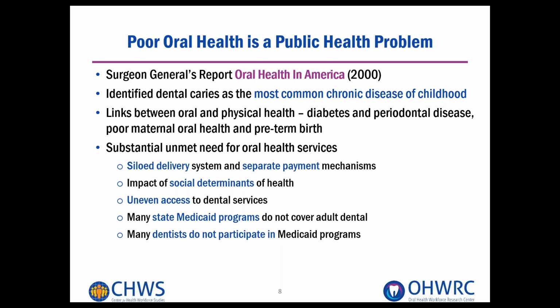There are impacts of social determinants of health. I think we're starting to pay a lot closer attention to that, and also recognizing that oral health literacy is an important concept and something we need to pay more attention to. And there's uneven access to dental services.